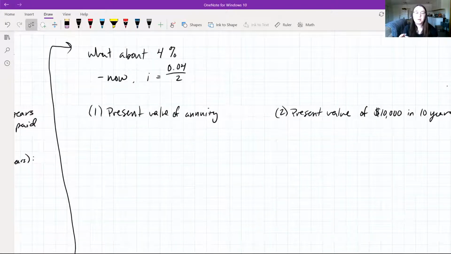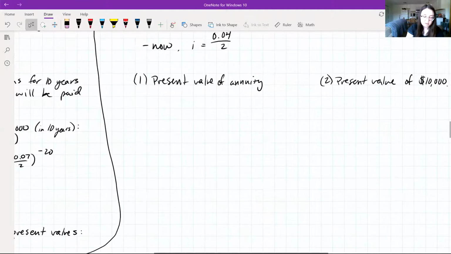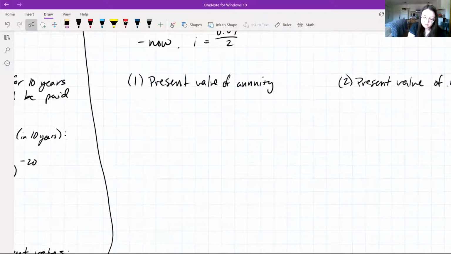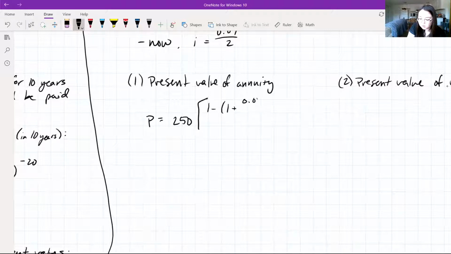All right, so calculating our present value of annuity, we know P is equal to R, which is $250, times 1 minus 1 plus 0.04 divided by 2 to the negative 20 power, divided by 0.04 divided by 2.